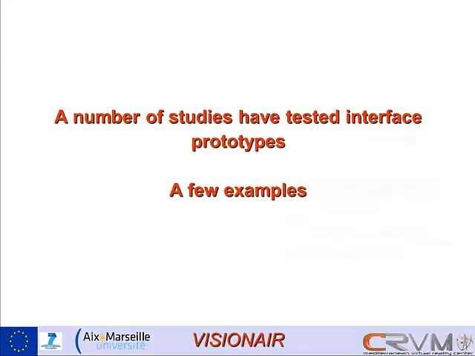So besides that, we don't have much time, so I'll be quick on that, but there's a whole bunch of studies which have been testing prototypes to navigate. Just to give you a few examples.